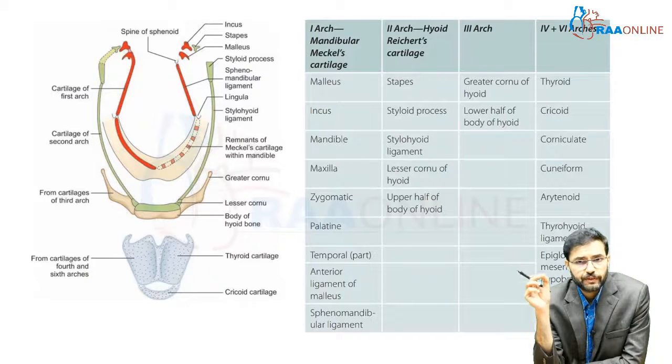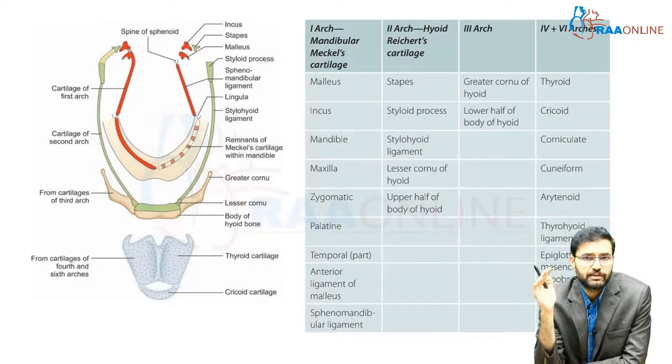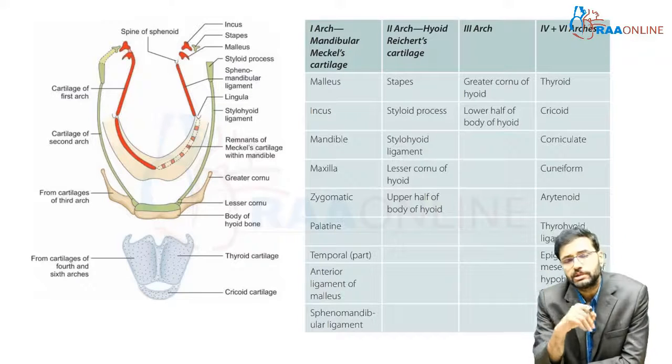The cartilage of the first arch, also called the mandibular arch, is called Meckel's cartilage. Meckel's cartilage can be divided into two important components, a dorsal component and a ventral component.